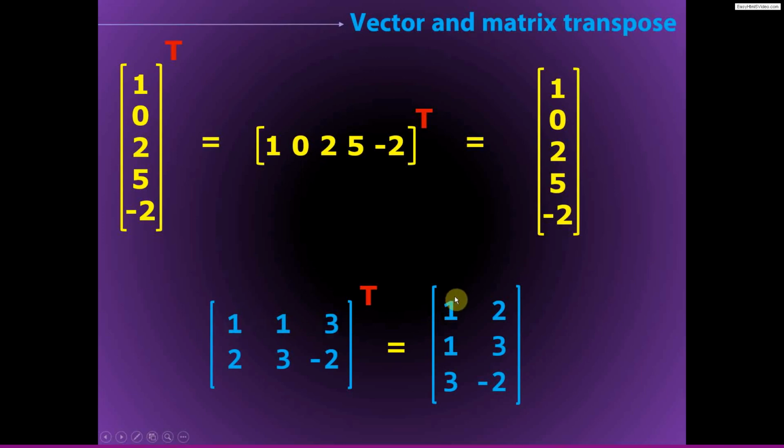So now the first row turned into the first column, the second row turned into the second column. Or you can see that the columns here turn into rows here. So this is the first column, and that becomes the first row. This is the second column and turns into the second row, and so on.